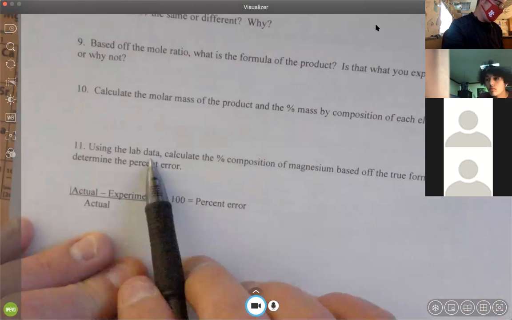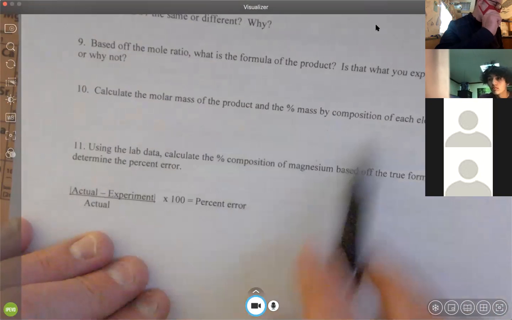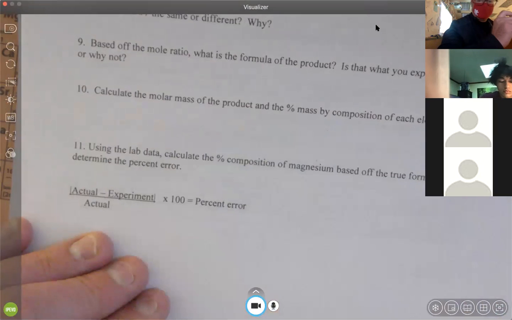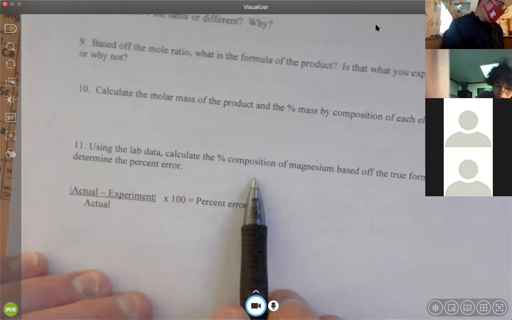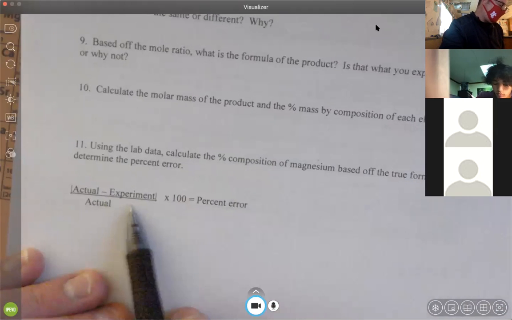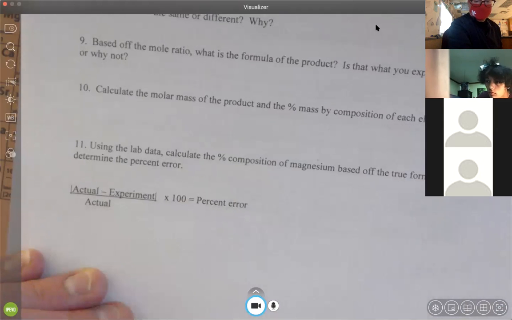And using the molar mass, you should be able to find the percent mass of what we would call the actual or given from the true formula. And then you will subtract actual minus experimental divided by actual, and you will find the percent error that you get based on the percent composition of magnesium.